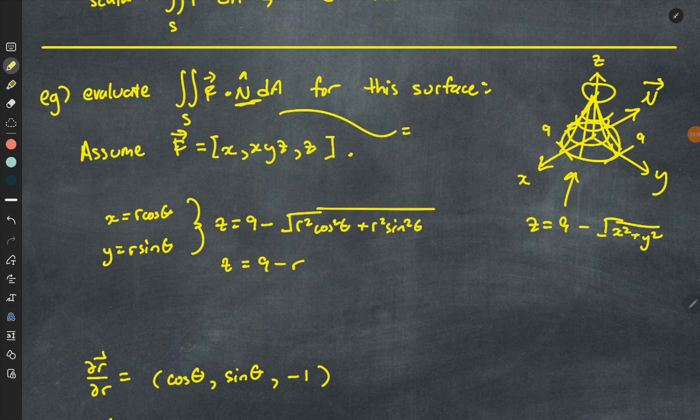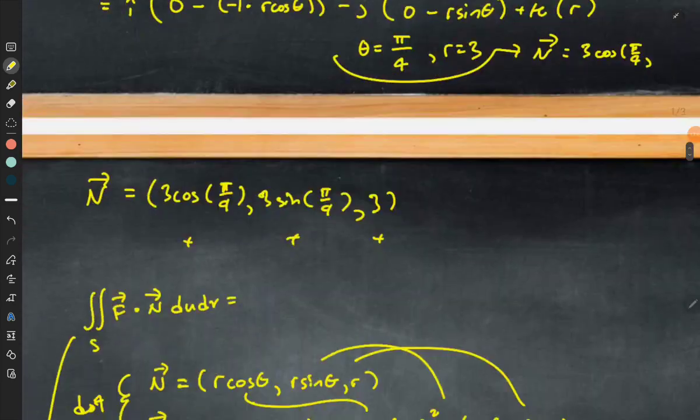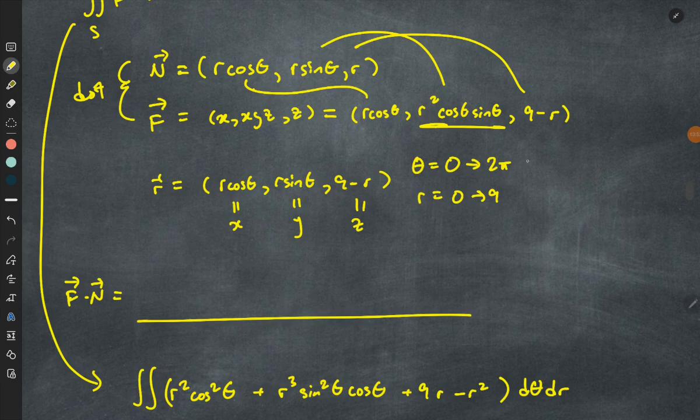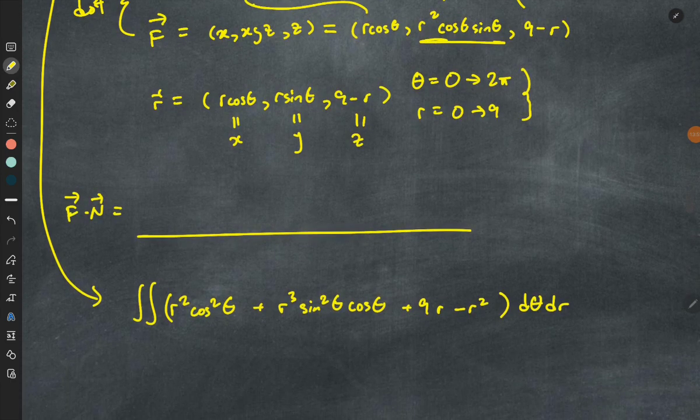The farthermost distance of the surface is equal to 9. So the farthest the surface goes from the origin is 9 units, and the closest it gets to the origin is 0. So that's why we're going to say r goes from 0 to 9. These are our limits, and those are also going to work out to be our integration limits.